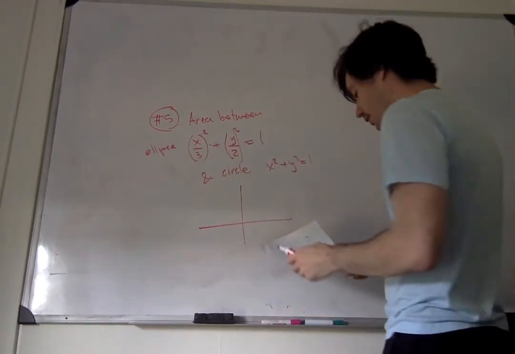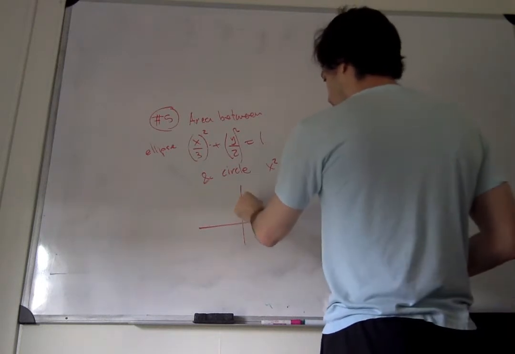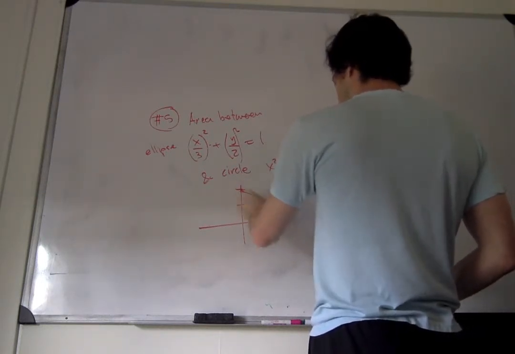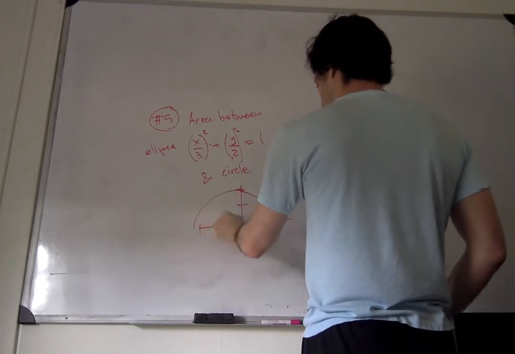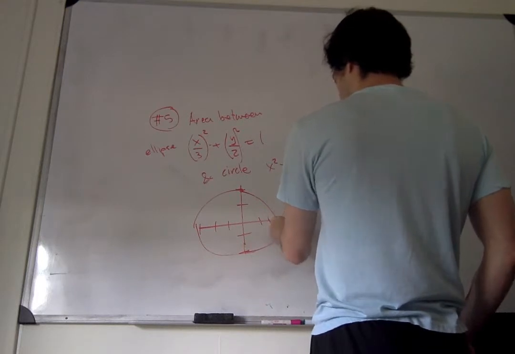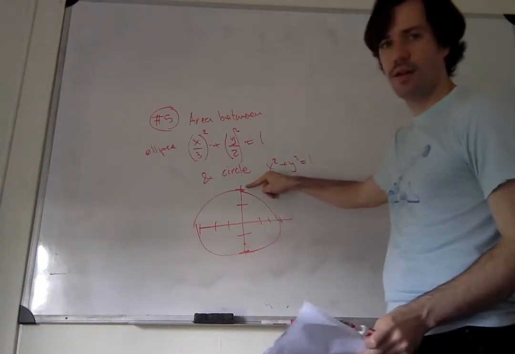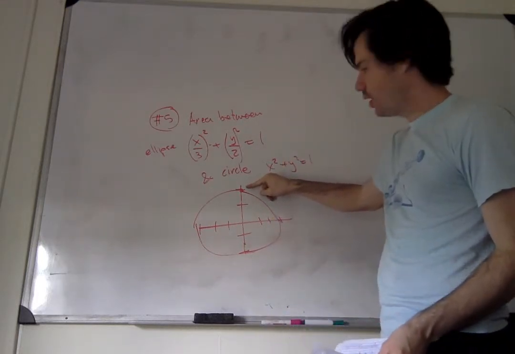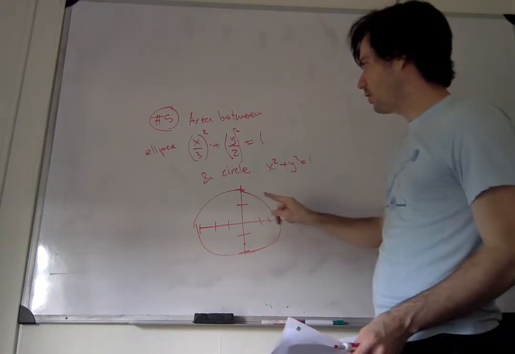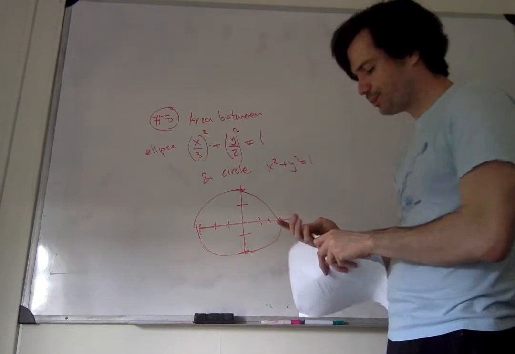And so that's going to tell us that your ellipse is going to meet the y-axis at y equals 2 and minus 2, and x equals negative 3 and 3.